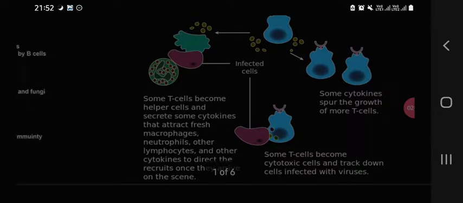Some T cells become helper cells and secrete cytokines that attract fresh macrophages, neutrophils, other lymphocytes, and other cytokines to direct the recruits once they arrive on the scene. Some T cells become cytotoxic T cells and attack cells infected with viruses. Some cytokines spur the growth of more T cells.